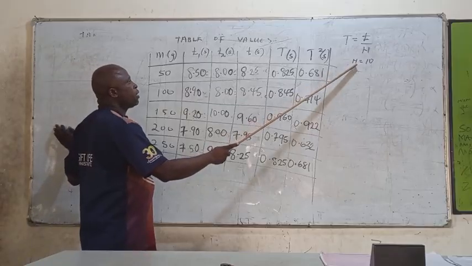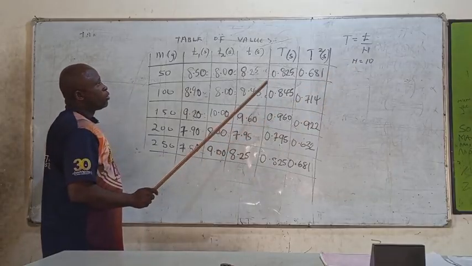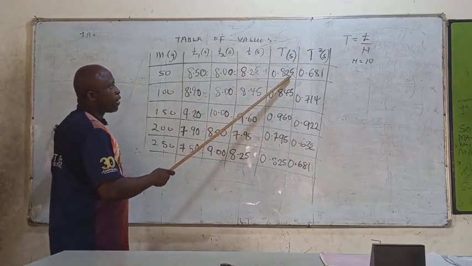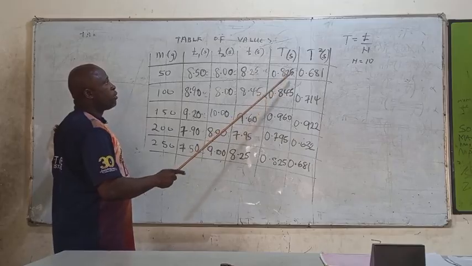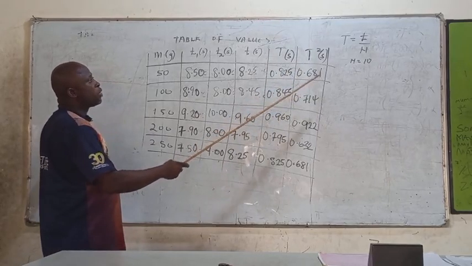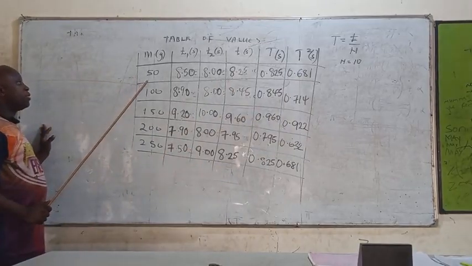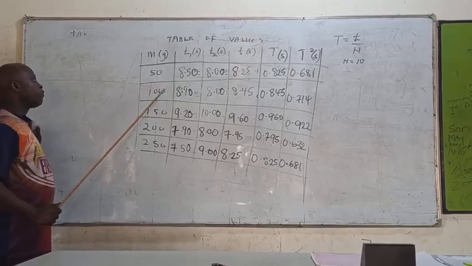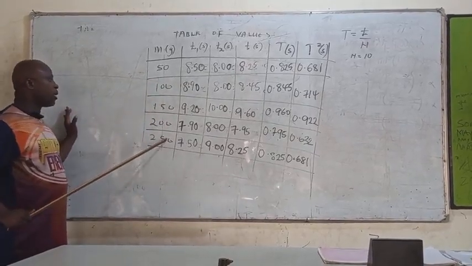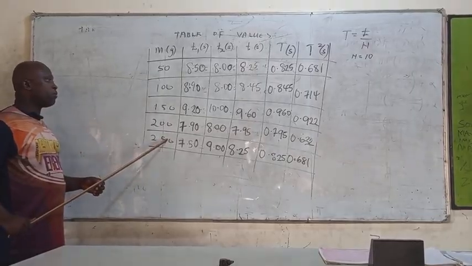We are given 10 oscillations. So when you divide 8.25 by 10, you obtain 0.825. When you square this value for T squared, you obtain 0.681. So we repeat the procedure for 100 gram, 150 gram, 200 gram, and 250 respectively.